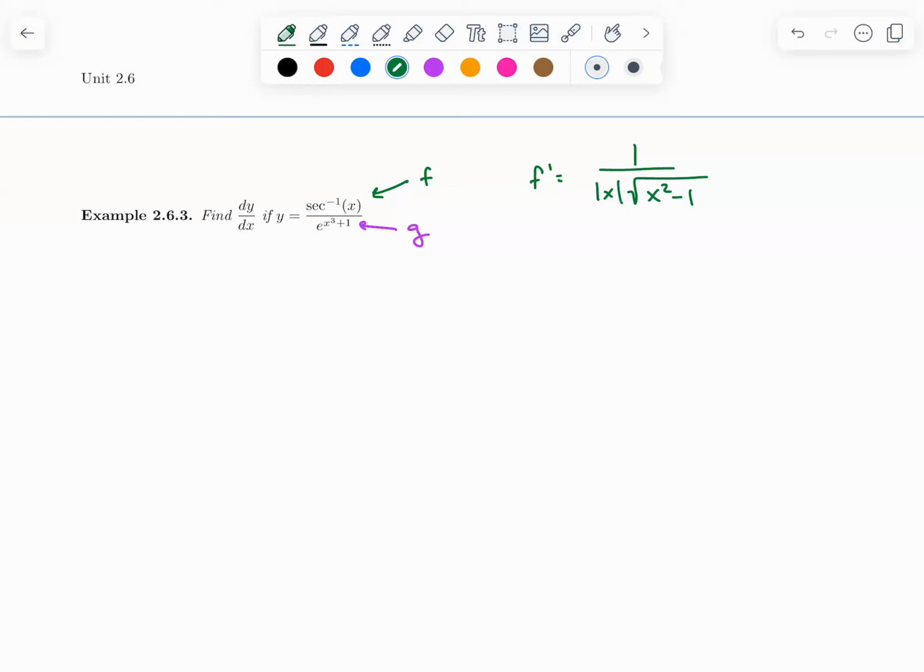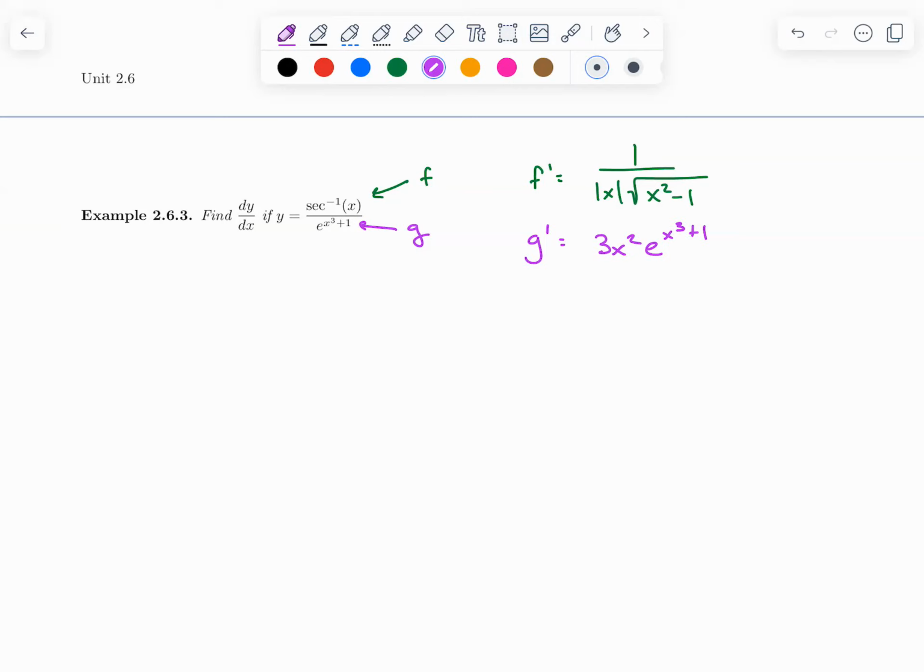So G prime is 3x squared e to the x cubed plus 1. I'm just writing it so that the polynomial piece is in front. You could easily write it as e to the x cubed plus 1 times 3x squared, but either way.